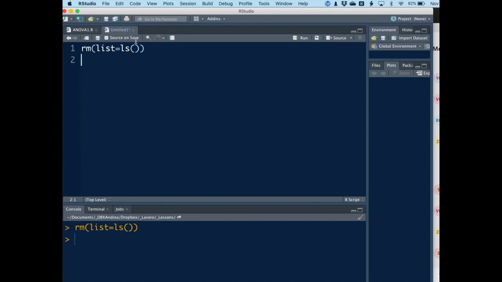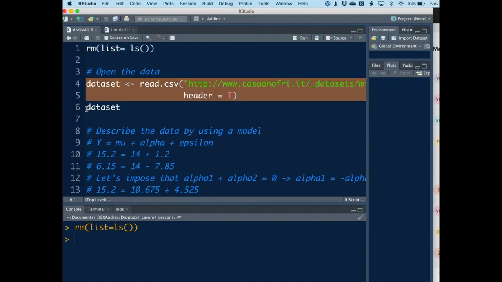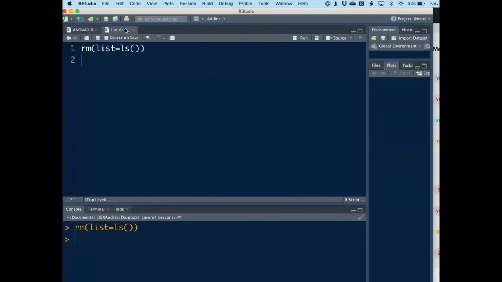Second, I'd like to load the same file as yesterday. So I need to find a way to fit everything on the screen. So I'll do like this.